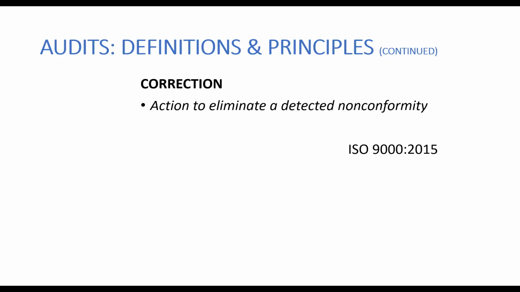But when we are dealing with 9001, 14001 and 45001, we are working organization-wide. We are not dealing with one or two departments. So we need auditors who are not in the same department. We need to maintain impartiality, and the audit should be performed on the basis of objectivity, right?